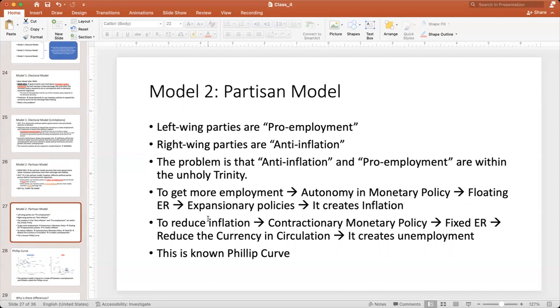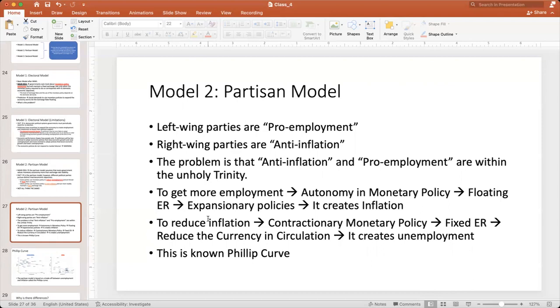So the left-wing parties absorbed the workers, and the left-wing parties were more pro-employment. The right-wing parties always left the workers outside, and they were closer to the businesses.